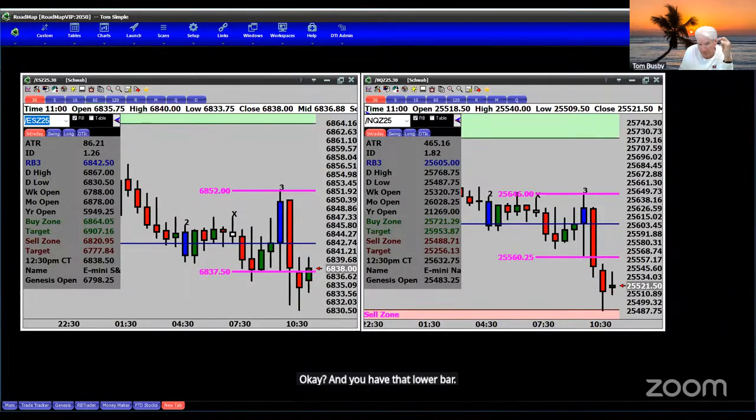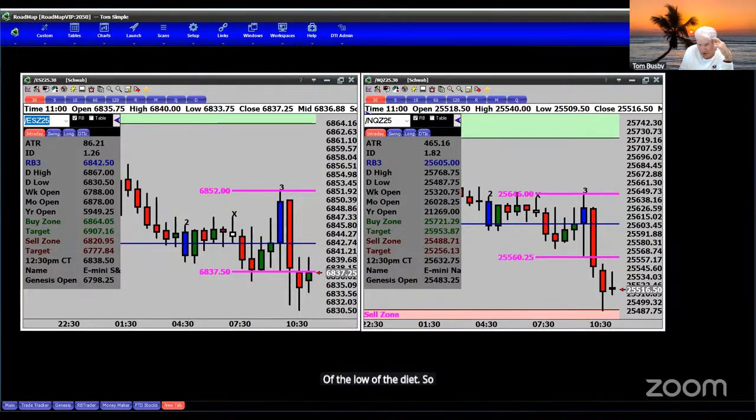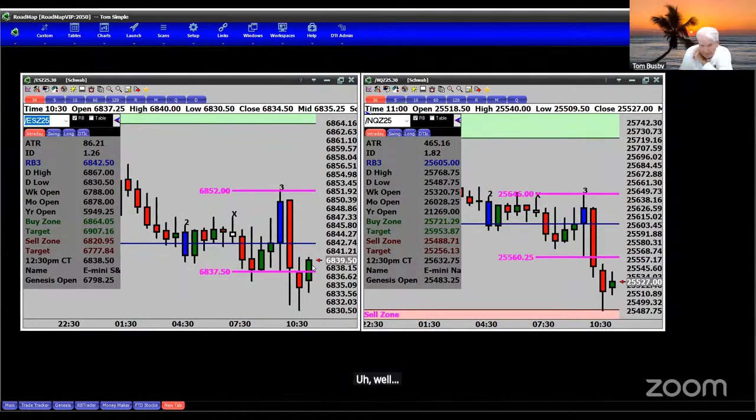Then you have the other bar that takes you down to the low of the day, and the current bar has traded up to the high of the low of the day. What we're looking for is for this bar to go higher than the low of the day bar. What's that number there, Jonathan? The high of the bar that made the low of the day?